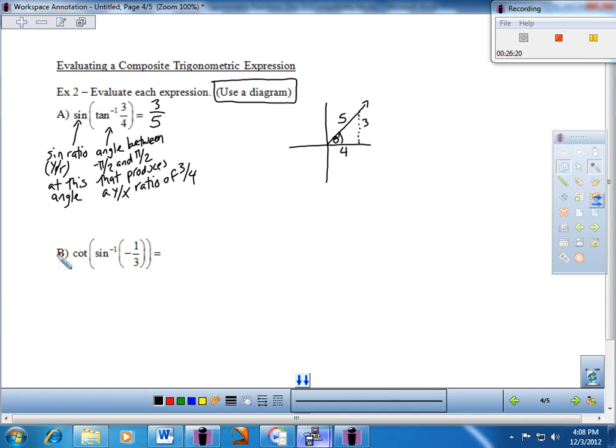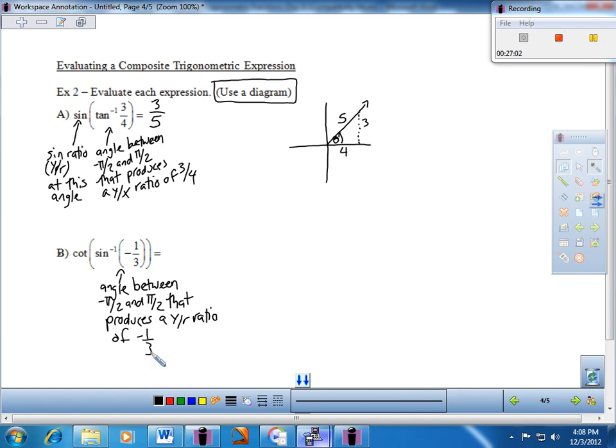So, same situation. I'm going to draw a couple arrows here just to figure out what I'm looking at, and then from there draw it out and go. So when I see part B, inverse sine of -1/3, I'm asking for the angle between -pi/2 and pi/2 that has a y over r ratio, because that's sine, so y over r ratio of -1/3.